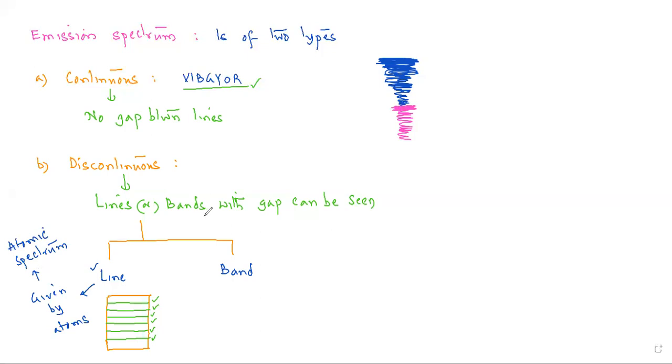And remember, line spectrum is like fingerprints for elements. It is because just like the fingerprints of no two individuals match, even the line spectra do not match.